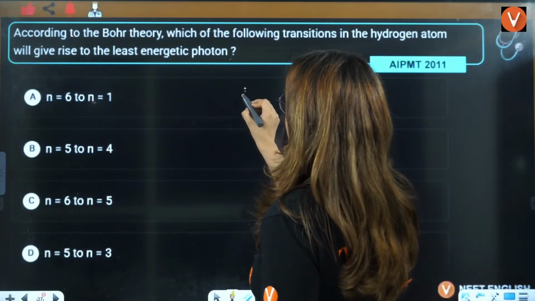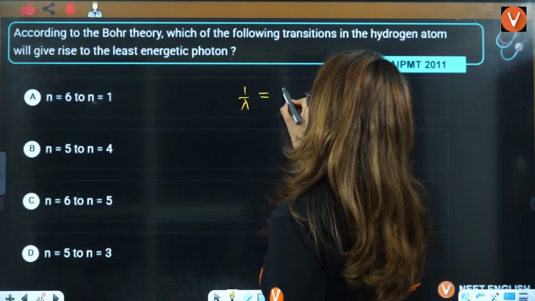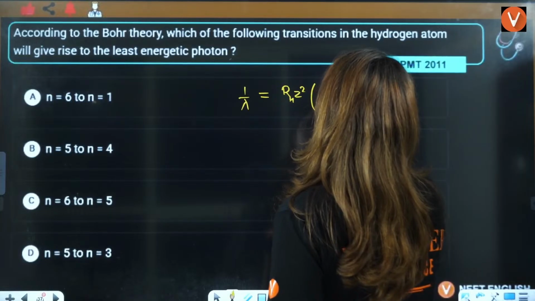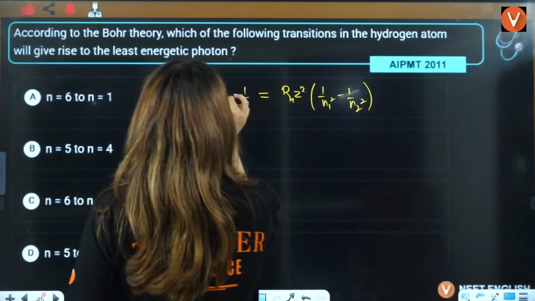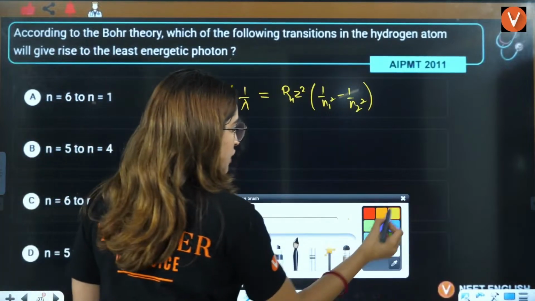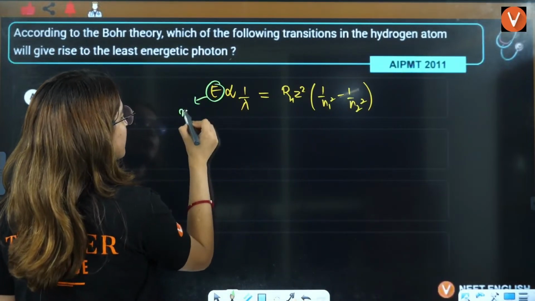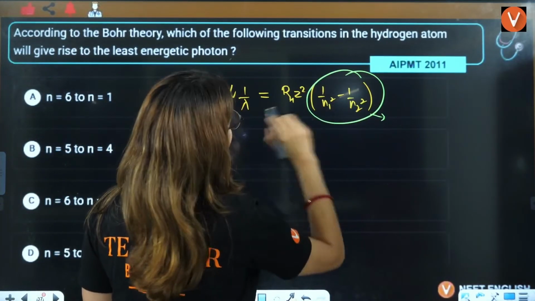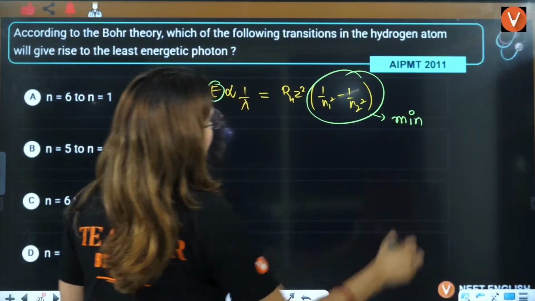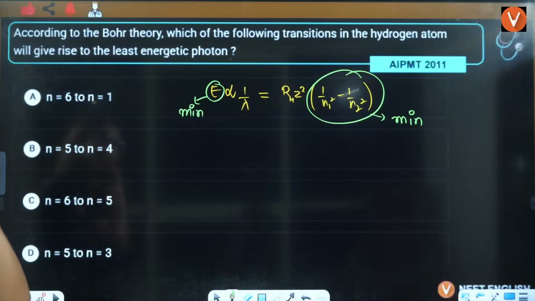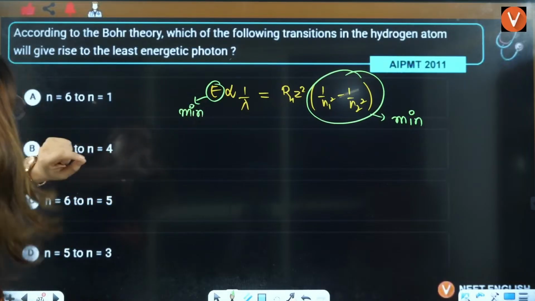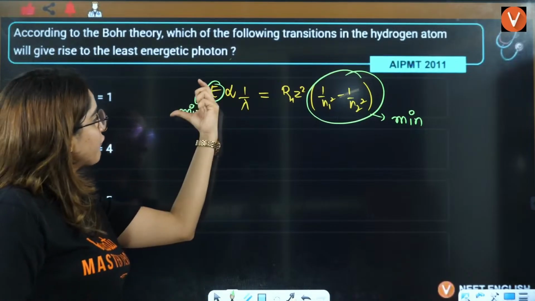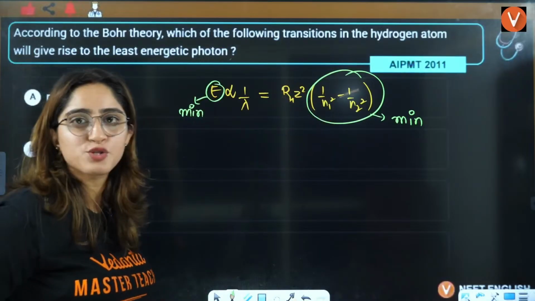See, we know that 1 by lambda equals R Z square into 1 by N1 square minus 1 by N2 square. And lambda and energy are inversely proportional. So if I say the energy should be minimum, the least energetic photon, then this term also has to be minimum.